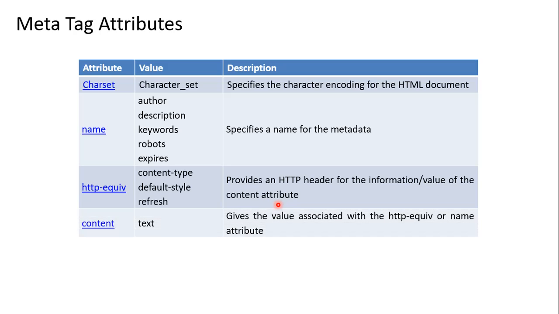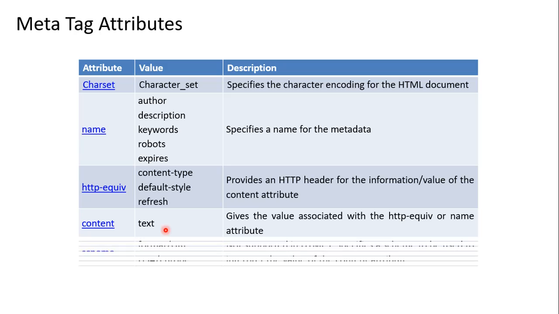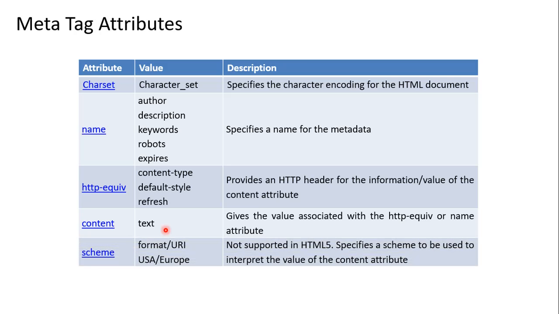Content gives the value associated with the http-equiv or name attributes, so it will provide the text content. Scheme is not supported in HTML5; it specifies the scheme to be used to interpret the value of the content attribute. So you have to just remember these attributes, charset and name, one time.